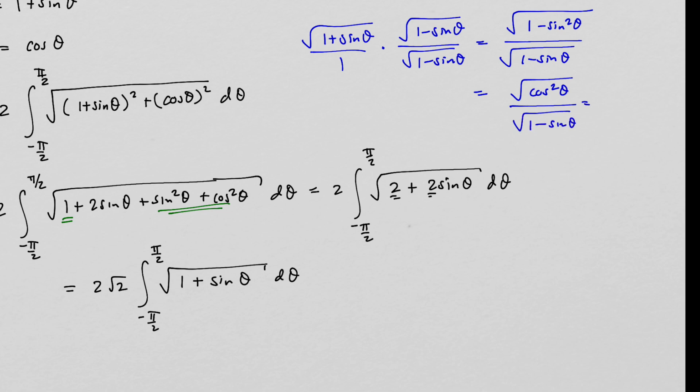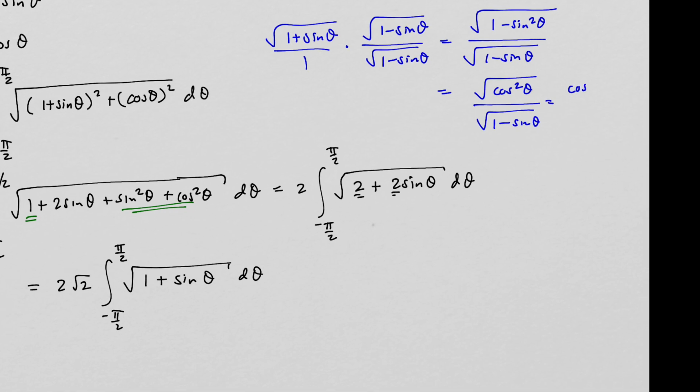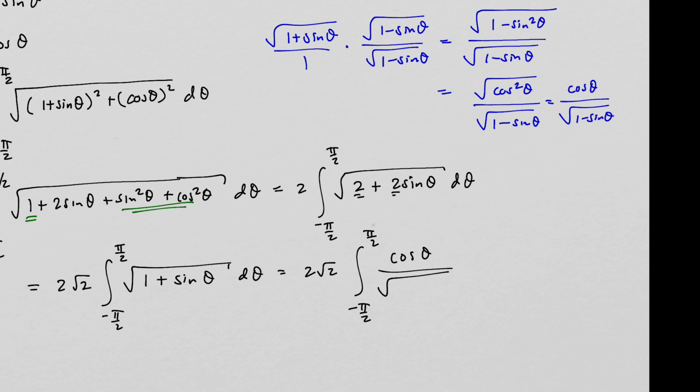And of course, the square root of cosine squared is cosine. So we can rewrite this integral as 2 radical 2, integral from negative pi over 2 to positive pi over 2, of cosine of theta divided by the square root of 1 minus the sine of theta, d theta.